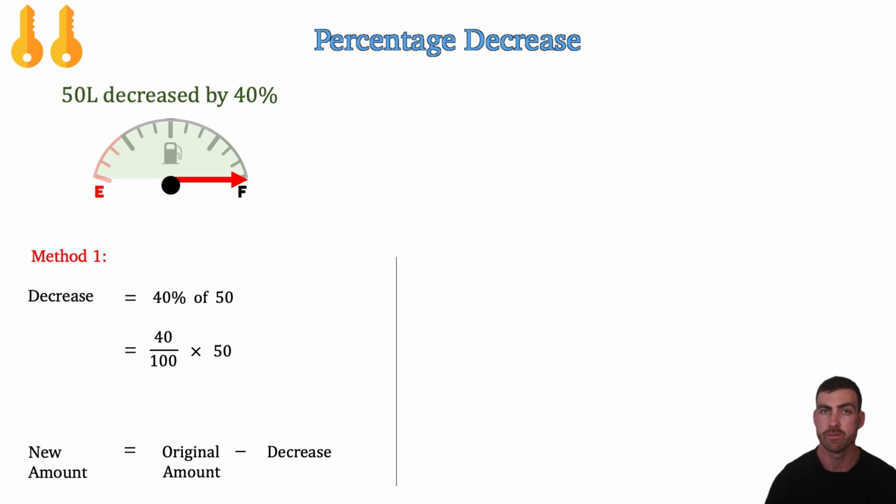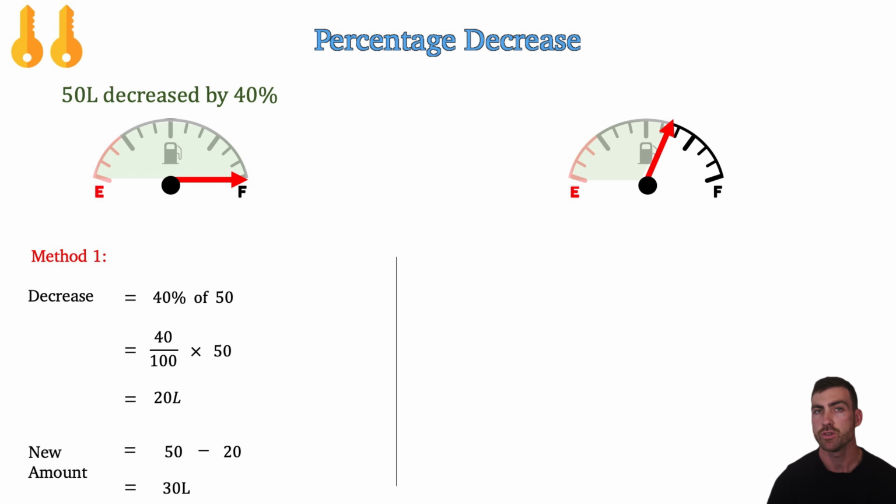So we calculate 40 over 100 times 50. Using a calculator, we get 20 litres. Now remember, this is the amount of fuel used, not what was left. So we subtract it from the original amount. 50 minus 20 equals 30 litres. As you can see, the tank starts full, then 40% disappears, and what remains is 30 litres.